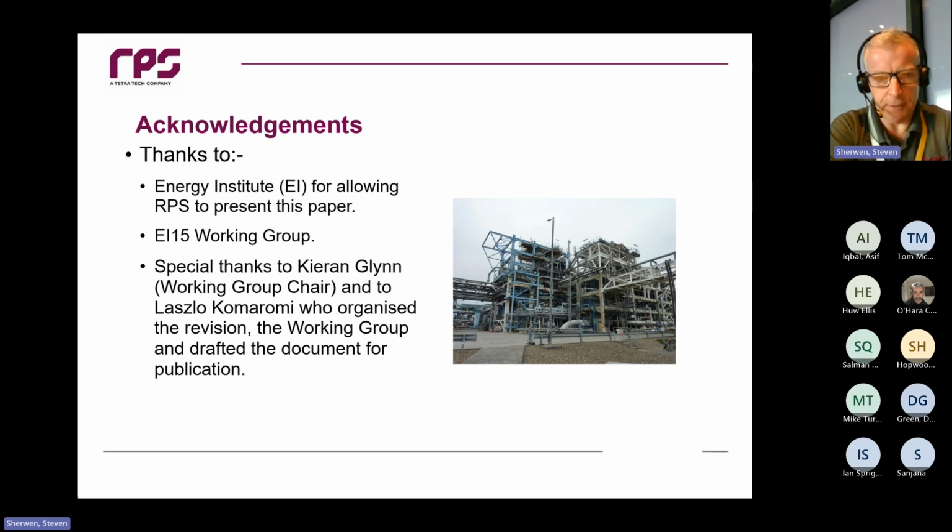Kieran Glynn is the chair of the group. He keeps us all together, and Laszlo works for the Energy Institute, and he's responsible for actually publishing and editing the document. So it was he who had the unenviable task of trying to keep 20 consultants and engineers on track. Well, we did hit a deadline.